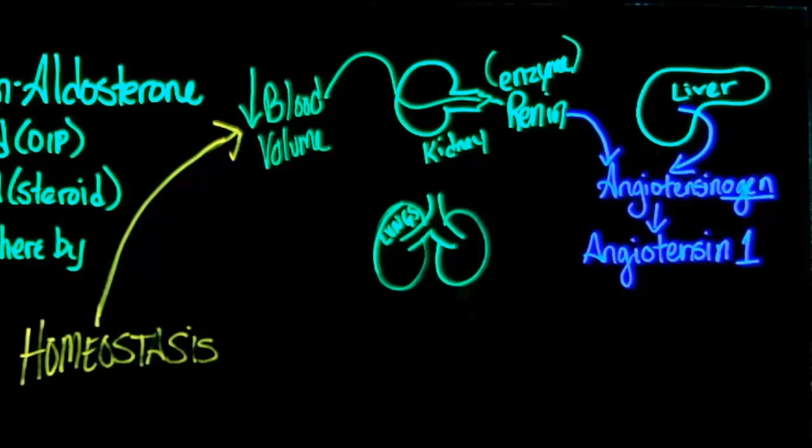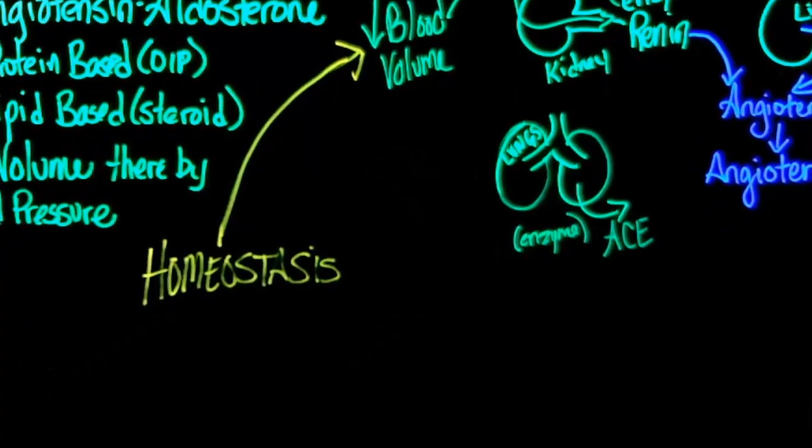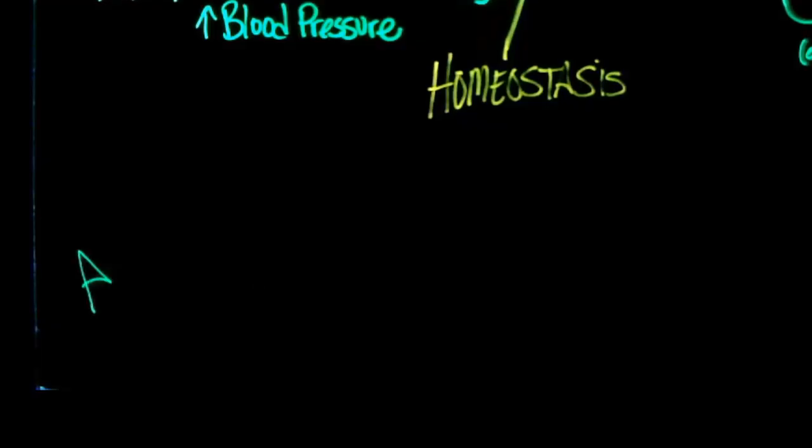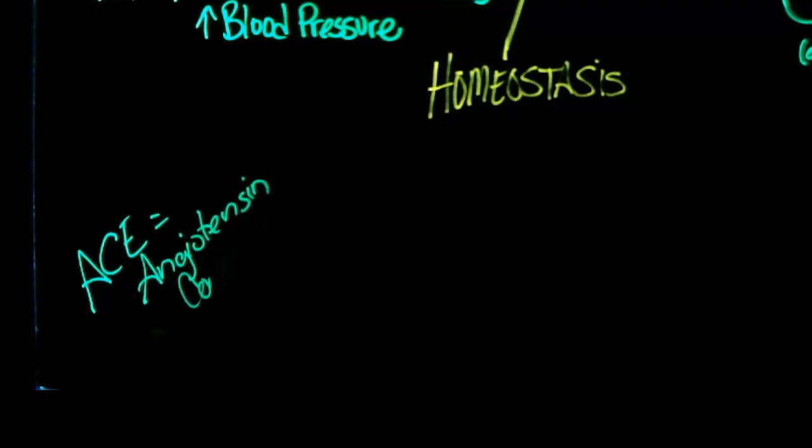Now, here's where the lungs get involved. The lungs are also able to make an enzyme. And so we're going to put in parentheses enzyme again as a reminder. And the abbreviation for this is ACE. Now over here we're going to write a quick note. ACE stands for angiotensin converting enzyme.